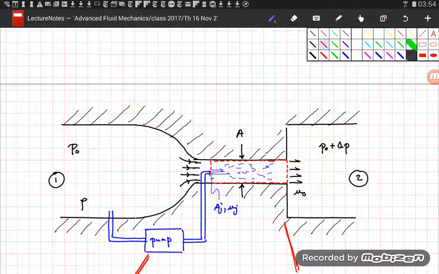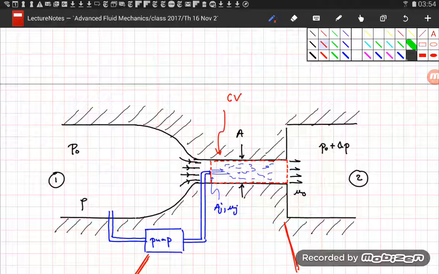So you could end it right after the nozzle, because you know what's happening at the exit of the nozzle, you know that the velocity is uj. So this control volume here, which is independent of time, is the most obvious choice.